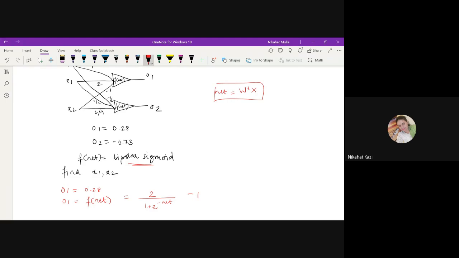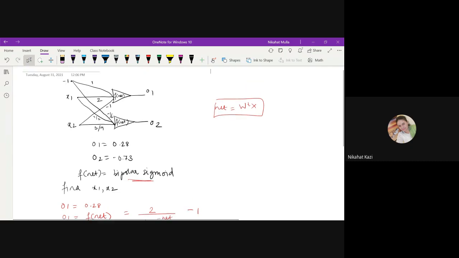Now the net for this neuron. If I look at the network closely, what is the net for this neuron? -1 plus 2x1 minus x2. So I just need to consider these weight vectors. I will write W1 weight vector, which will represent the weights coming into this neuron, and capital W2 weight vector, which comprises the weights which come into this neuron.